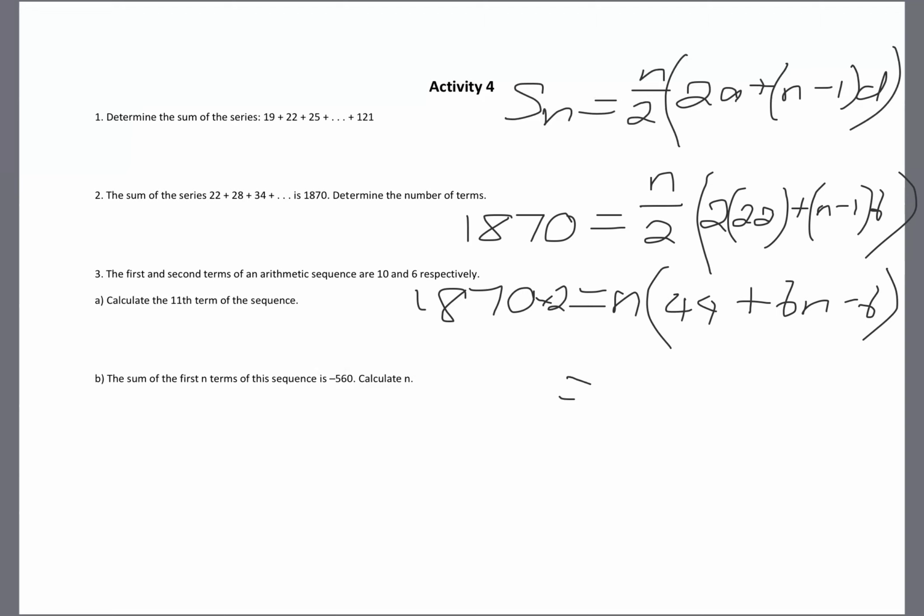And then I multiplied my n this side, equals 0. And then I take everything to one side.